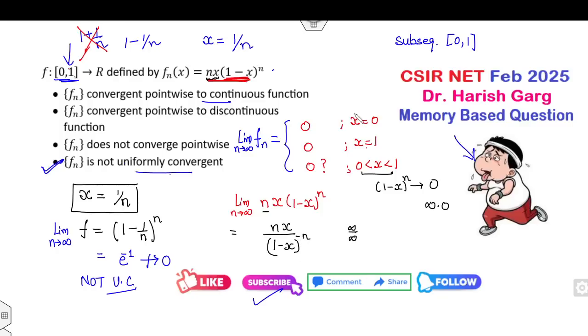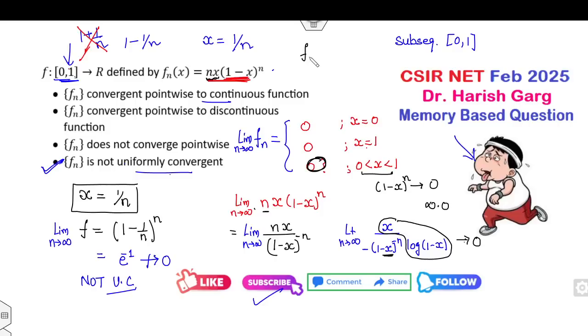Then you can apply L'Hopital's rule: differentiate with respect to n. So it will be a raised to power log of 1 minus x, times minus 1. Fine. Now can you take the limit as n approaches infinity? If you take the limit, this part will be a constant outside and this part will go to 0. So therefore this answer is 0.